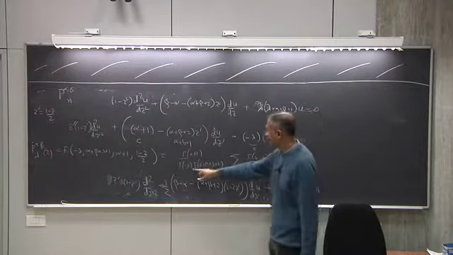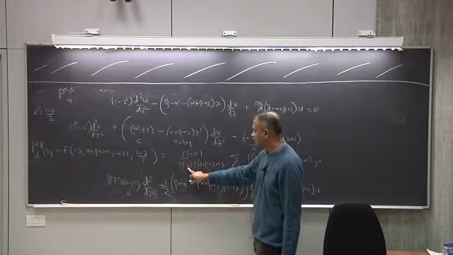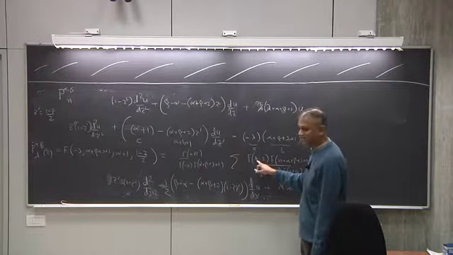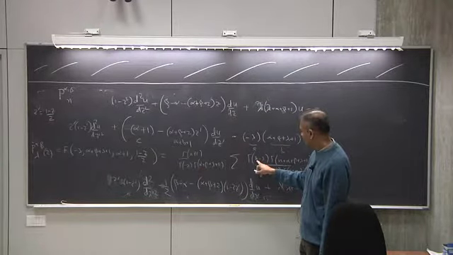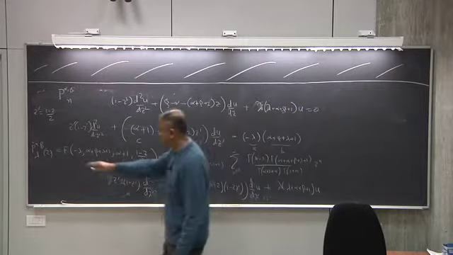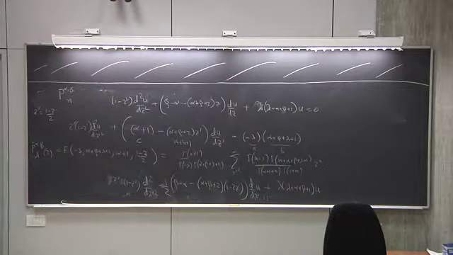And something should happen when lambda is equal to a positive integer, because this is infinite, so this sum will truncate for the same reason as before.